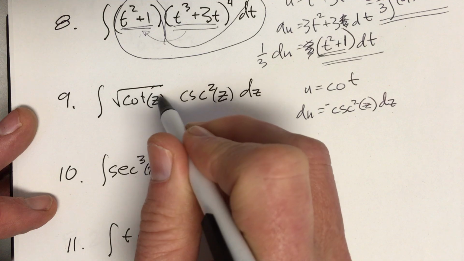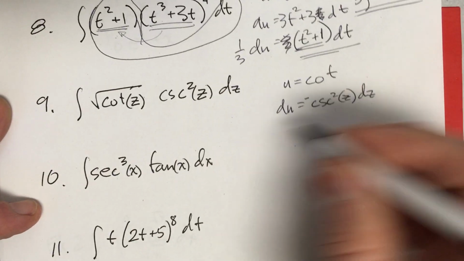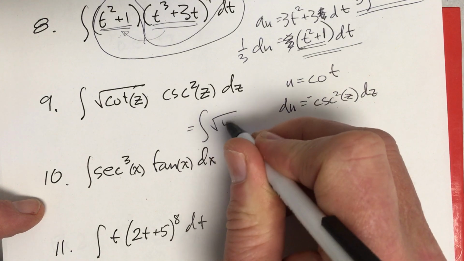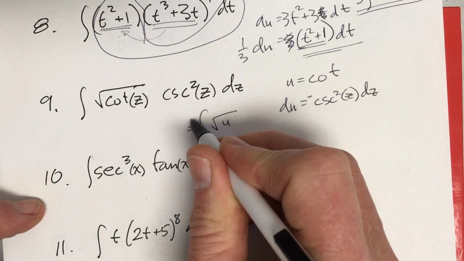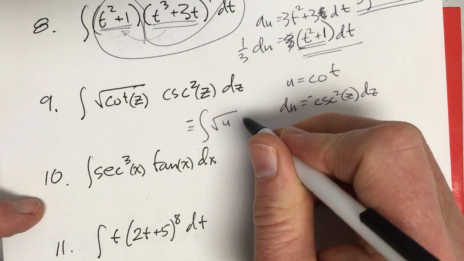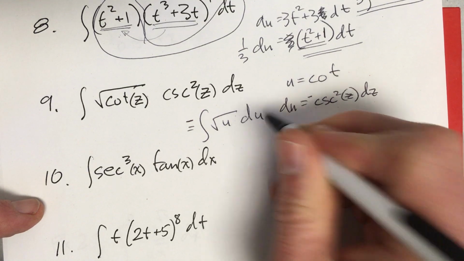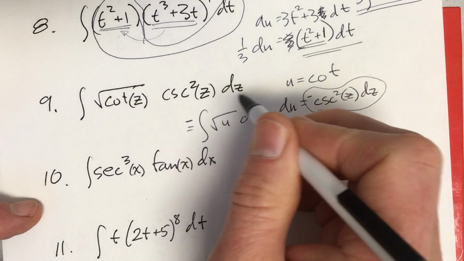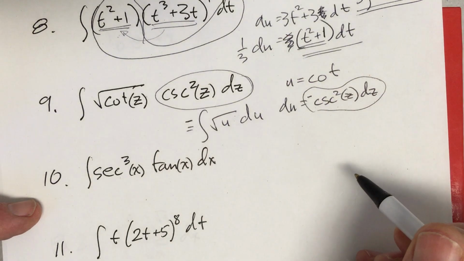And so here I've got pretty straightforward. I'm just going to sneak it in down here. The integral then of the square root of u, and I'm going to pull out that minus, and then it's just du. Because this negative and the cosecant squared right there comes out.